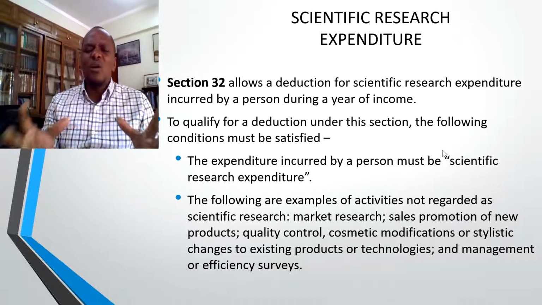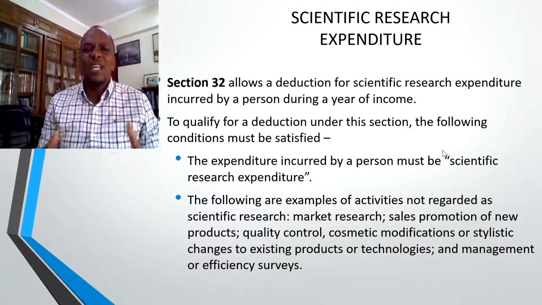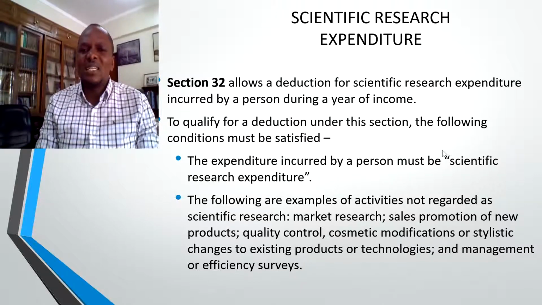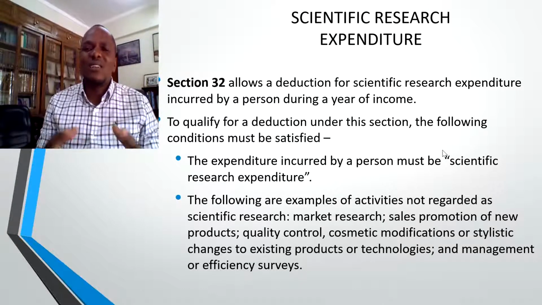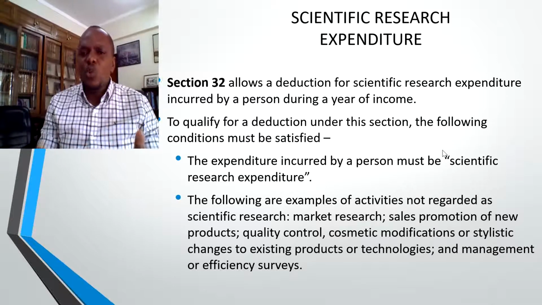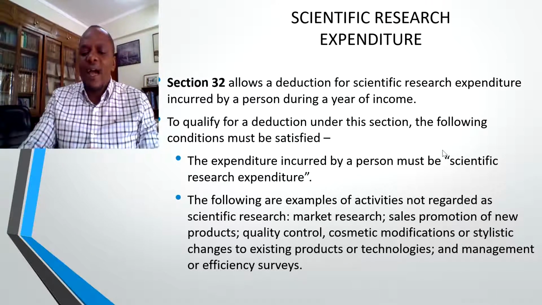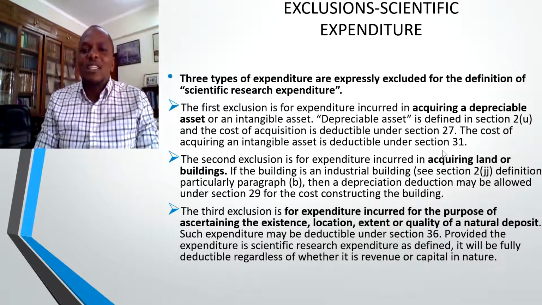So when you do any of those things which look at bettering your market, that's not considered scientific. So I think scientific must have something new to it for you to qualify for that particular deduction.